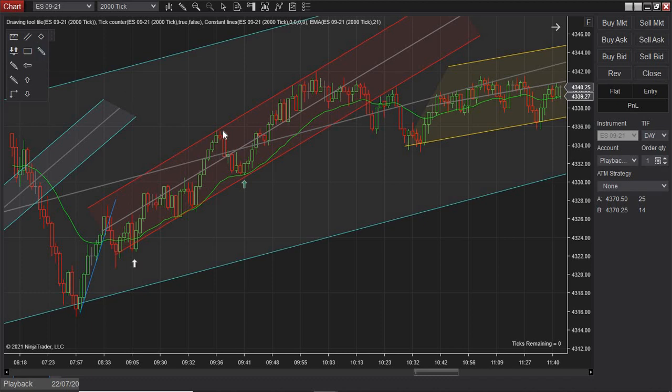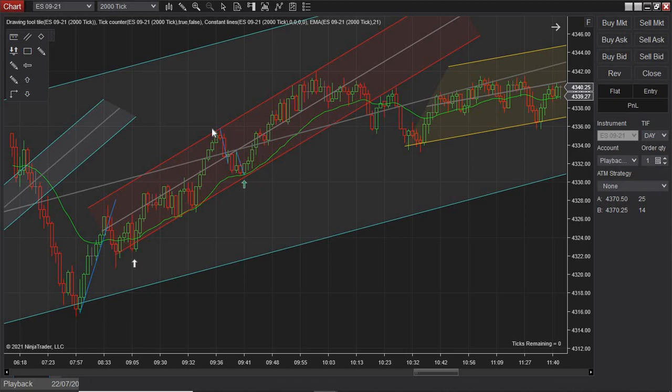Like you have this leg here. Let me draw it here. You have two legs down. So it definitely looks like a second entry long, but it's not technically a second entry long.